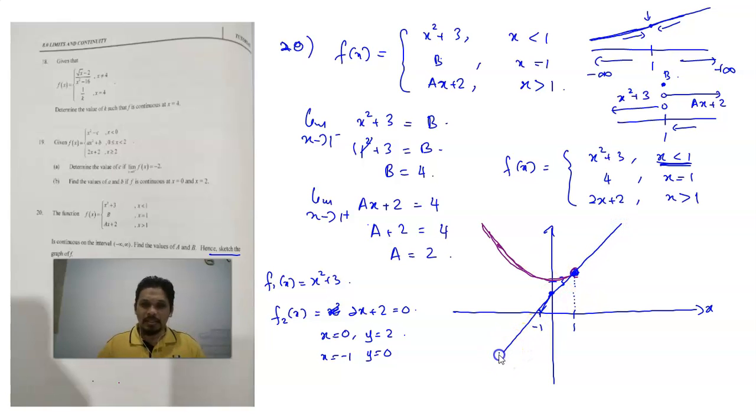It's a linear graph. When x equals 1, 2 times 1 equals 2, and 2 plus 2 equals 4 here.